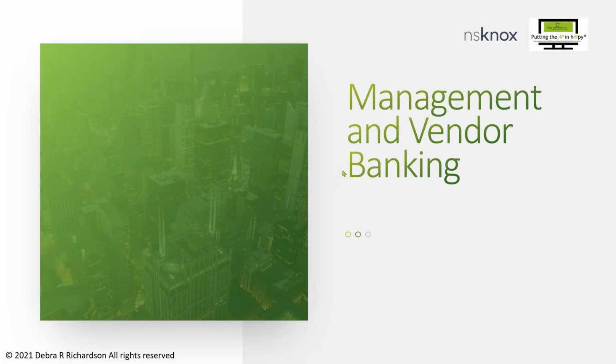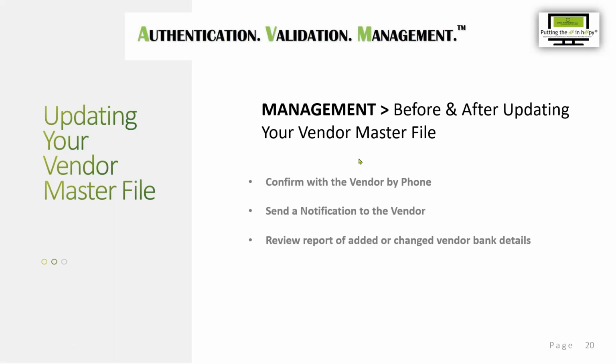And then the last step is the management of vendor banking. So now, once you've authenticated by requiring authentication of the sender and included authenticating data on the company branded ACH form, validated the bank branch, validated the bank account information, here are 3 additional steps you can take to add more security.